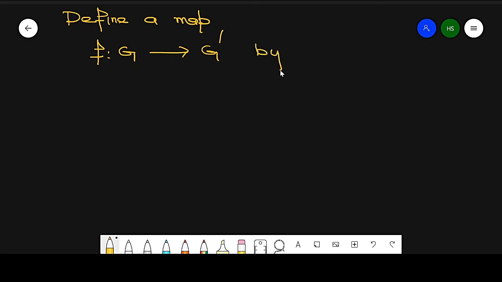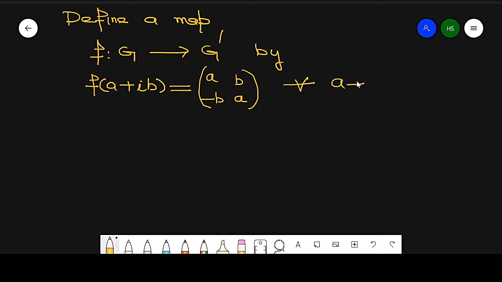So this is defined by F of A plus iota B, which is equal to this matrix: A, B, minus B, and A, where A plus iota B belongs to G. So this is equation number 1.